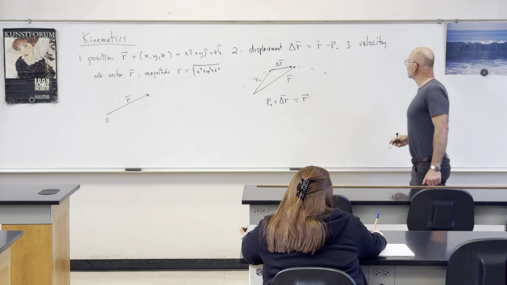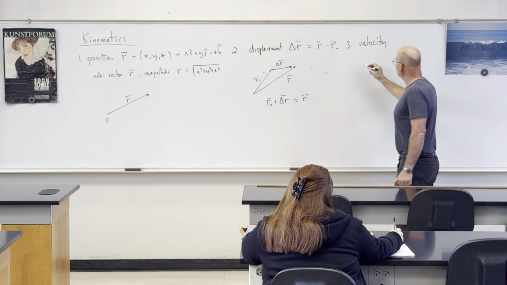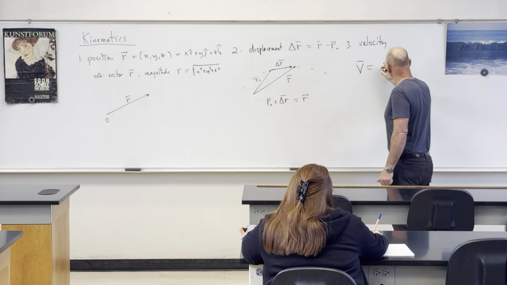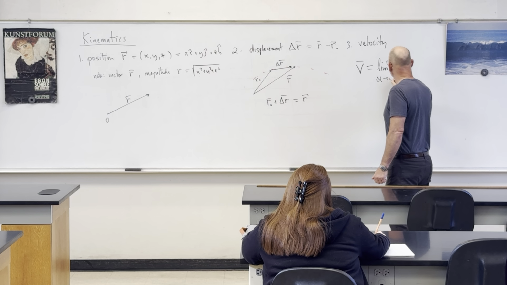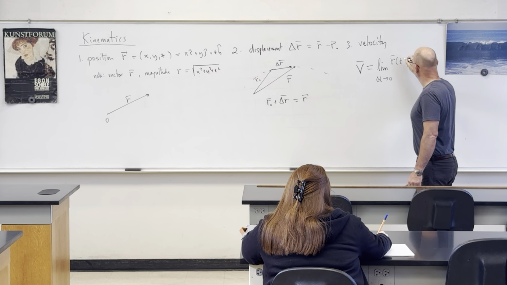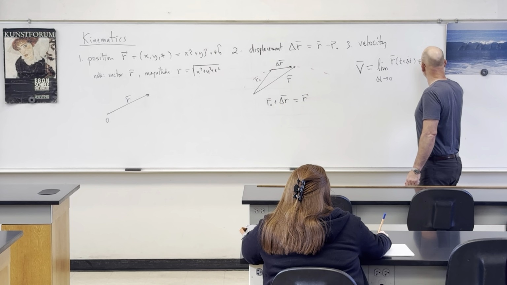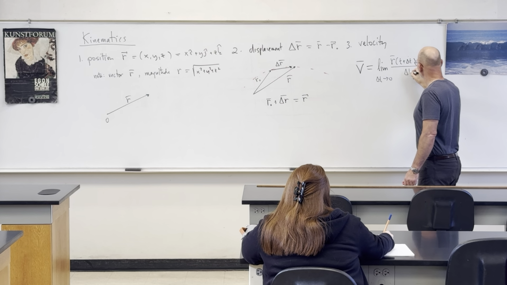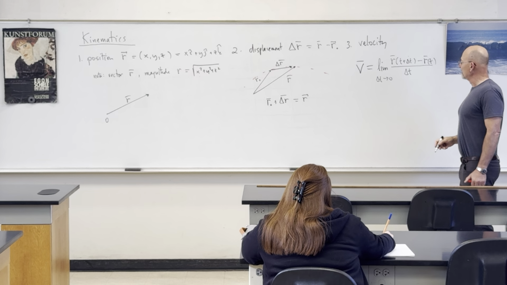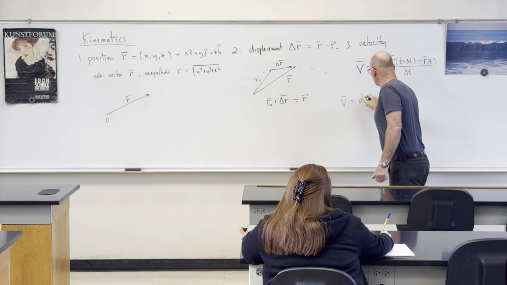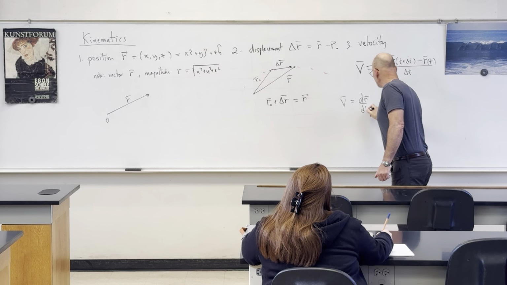And velocity is a derivative. So v is equal to the limit as delta t goes to 0 of r of t plus delta t minus r of t divided by delta t. And more simply, you have v is equal to dr over dt.